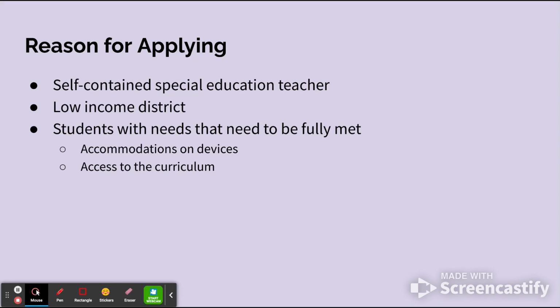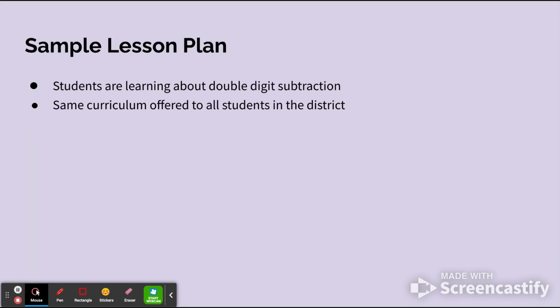Another reason for applying is that my students need opportunity to access the curriculum. At this stage, my students are following the same curriculum that the general education students are following. From one of my lesson plans given from this curriculum in the district, students are learning about double-digit subtraction.